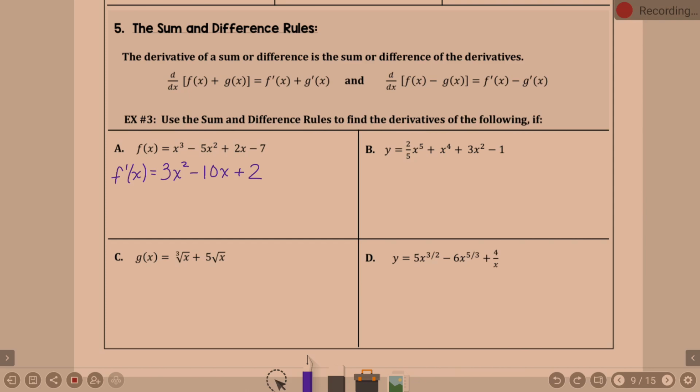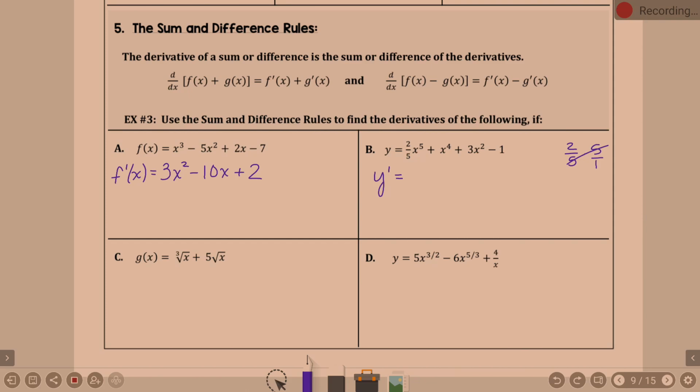Okay, B, y is defined. We're finding y prime. Derivative of 2/5 x to the 5th. What's 2/5 times 5? 2. Because 2 over 5 times 5 over 1.